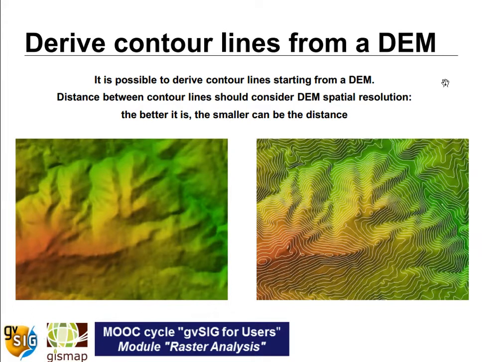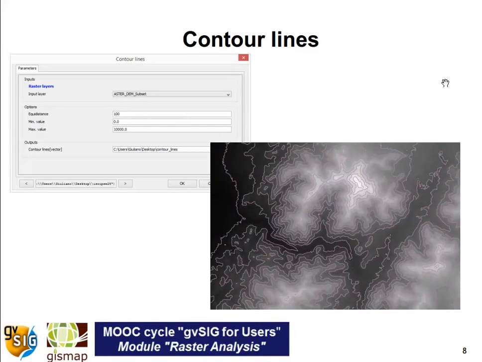So basically, do not choose a very short interdistance between contour lines, because it will not be real. When you create your contour lines, you have to select the digital elevation model and the equidistance, and also whether you derive from maximum and minimum value, and this is the result.